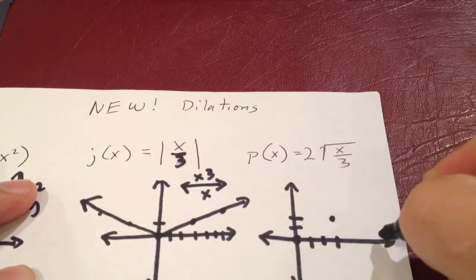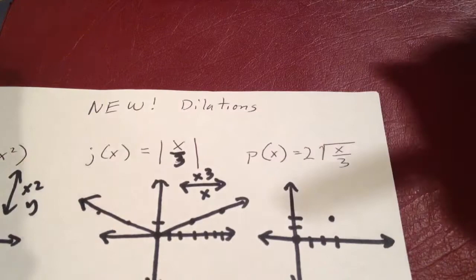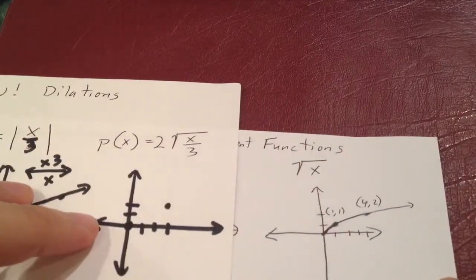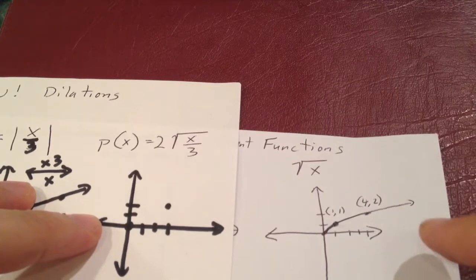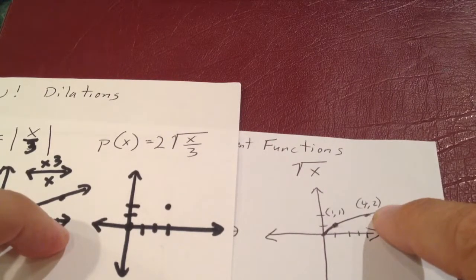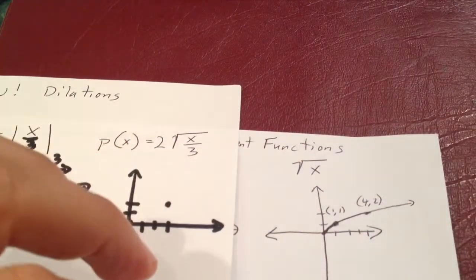And my second point, which was at 4, 2, if I remember correctly, let's go back and look at my other note. My second point was 4, 2, so that one is going to be twice as high in the y direction, so that's going to go all the way up to 4, and 3 times as wide in the x direction, so that's going to be 12.